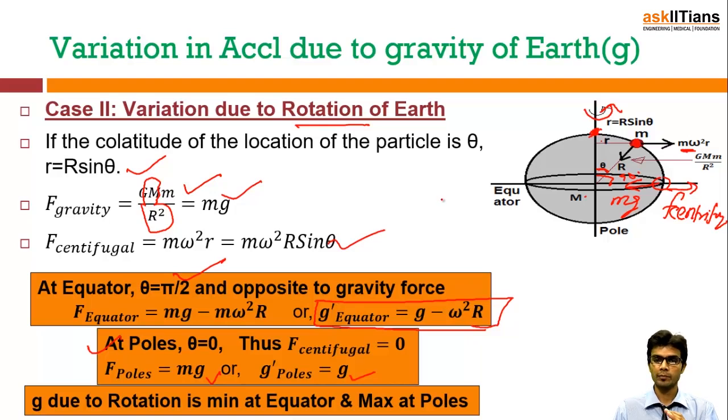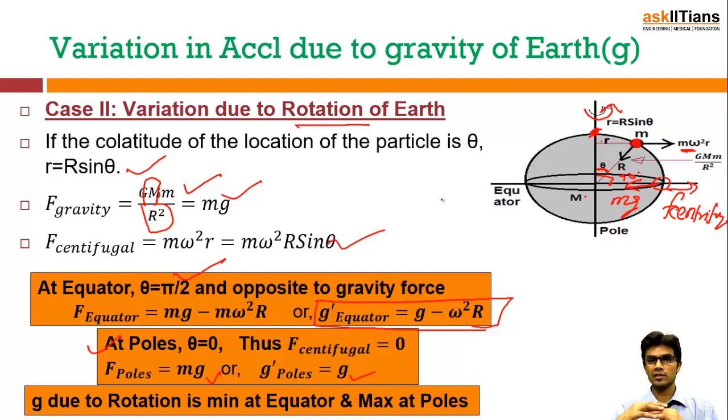So keep in mind there are two cases. If we are considering height, then g is maximum at the surface. g is decreasing above the surface, g is decreasing below the surface, that is g is maximum on the surface.